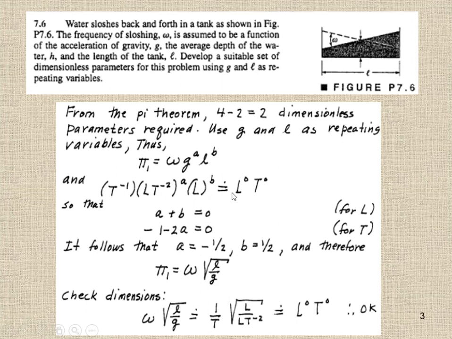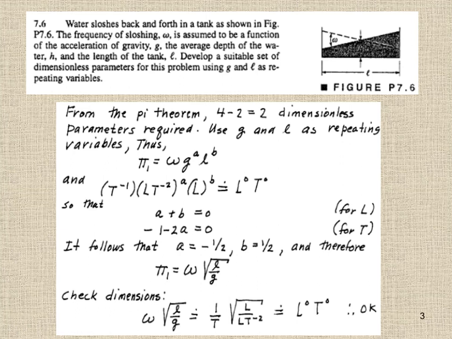Here this is the dimensionless number, because pi 1 is dimensionless, so we replace it with dimensionless form. We equate the powers with respect to L and T, and finally we get the values of a and b. Then we put these values back in the equation, and finally we get the first pi term, which is omega under root L over g.